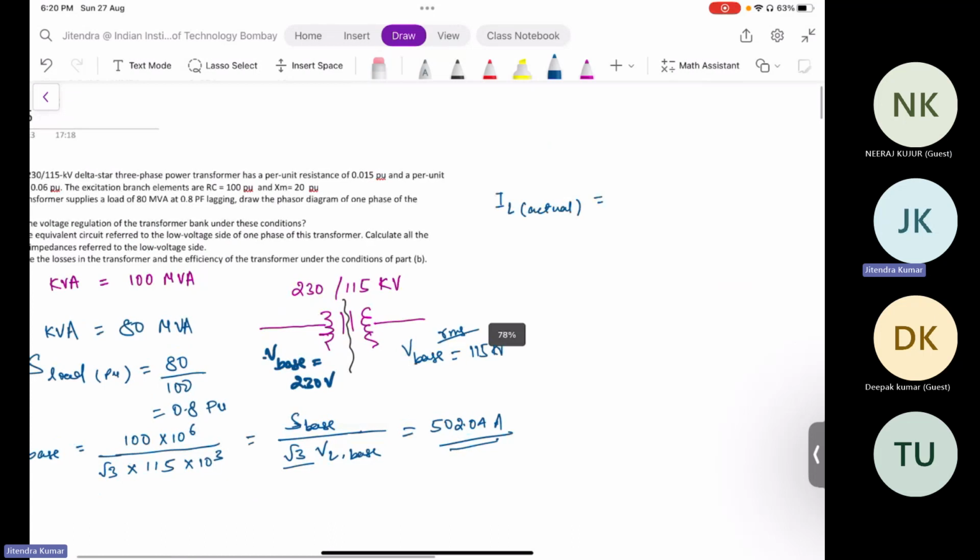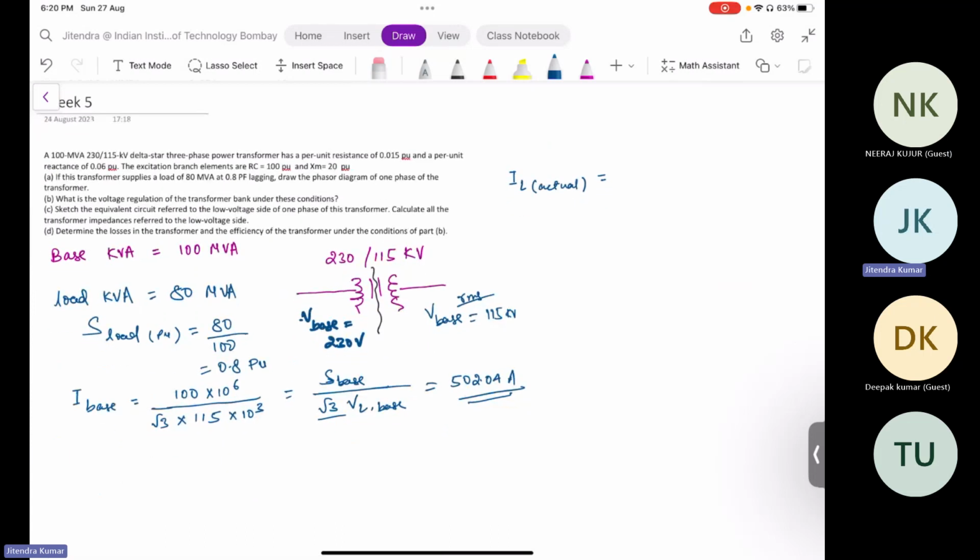How to compute the load current actual? The load power divided by the secondary side voltage. Only the change will be in the MVA rating. So it is 80 MVA: 80 into 10 raised to power 6 divided by root 3 into 115 kV.